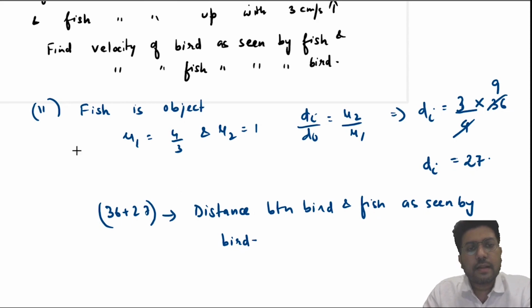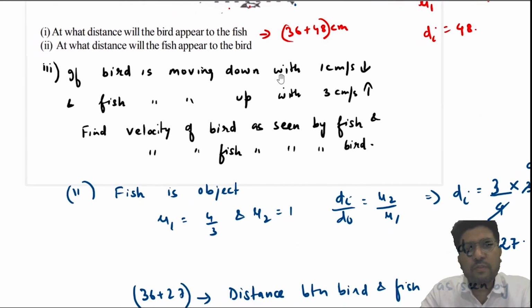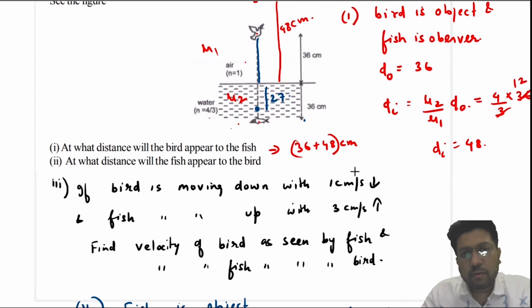Now the next thing is, see, the bird is moving downwards with a velocity of 1 centimeter per second, and the fish is moving upwards with a velocity of 3 centimeter per second. Then we need to find the velocity of bird as seen by fish.